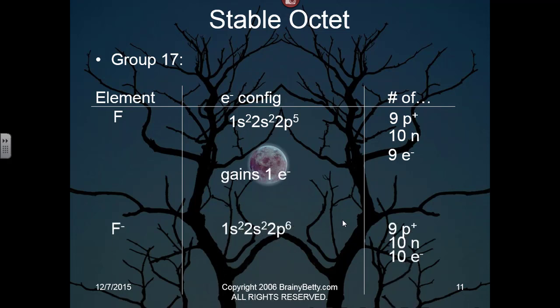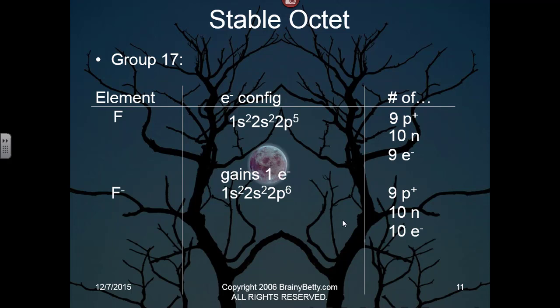When it picks up an extra electron, then its stats look like this. 1s2, 2s2, 2p6. Again, it's made the configuration of neon, that's a noble gas. 9 protons still, 10 neutrons still. But now we have 10 electrons. There's an extra negative here that's not being balanced out by a positive anymore.